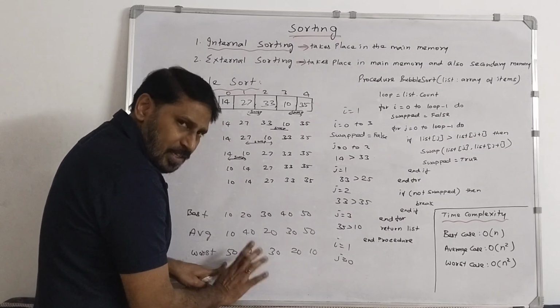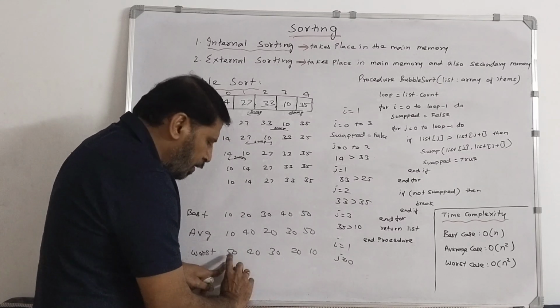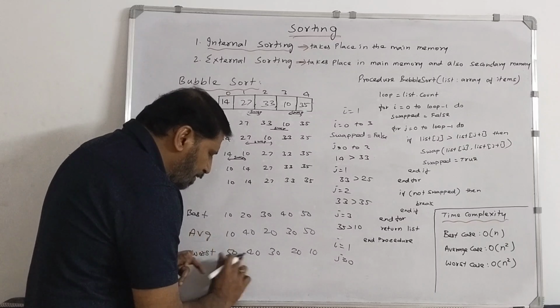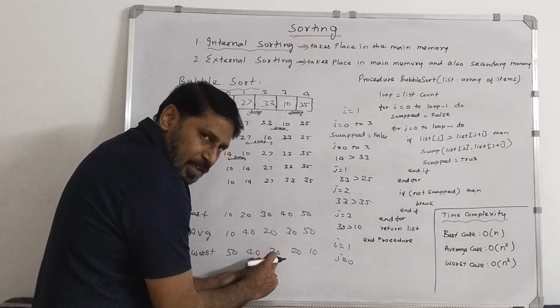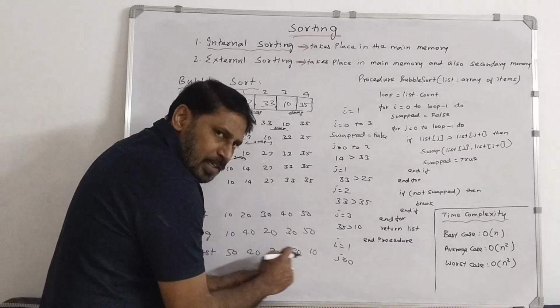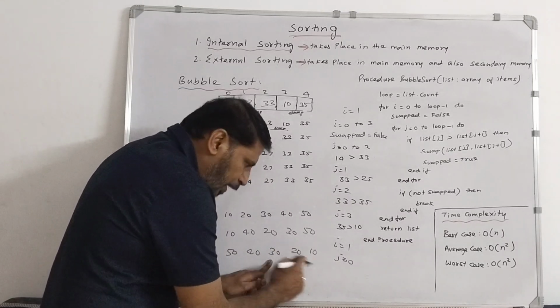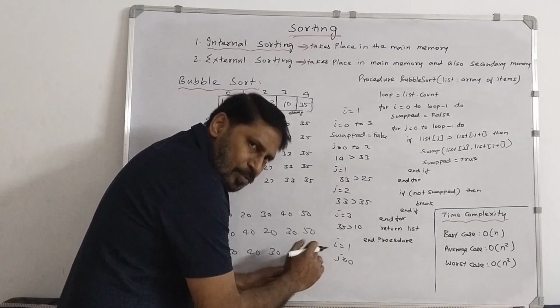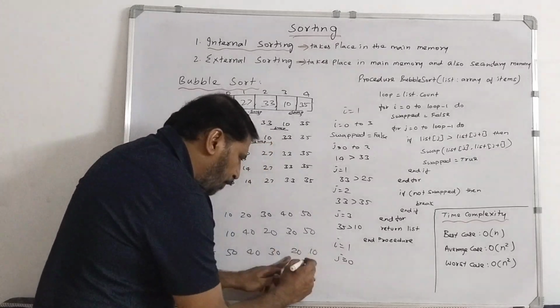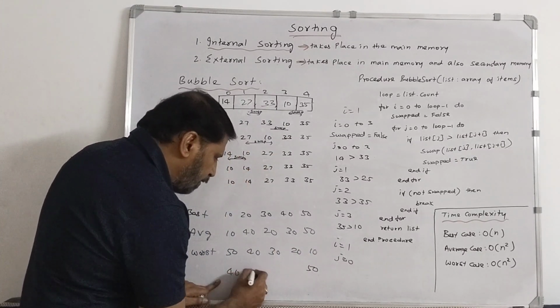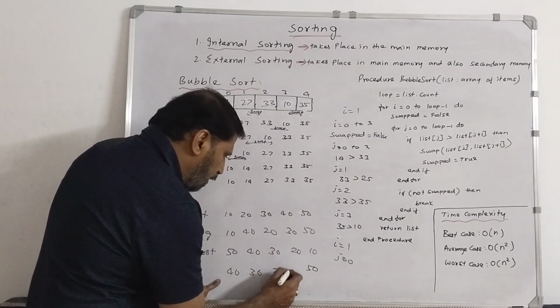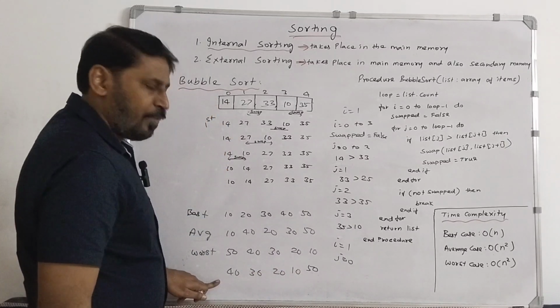Is 50 greater than 40? Yes. So that's why we have to swap. So after swapping, what happens? 50 comes here, 40 comes here. Then 50 compared with 30? Yes, swap. 50 compared with 20? Yes, swap. 50 compared with 10? Yes, swap. Okay. So finally what happens? 50 comes here, then 40, 30, 20, 10 like this.